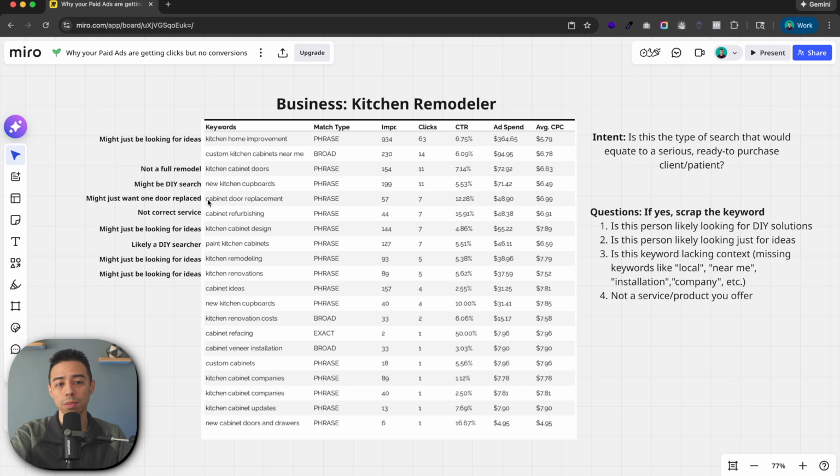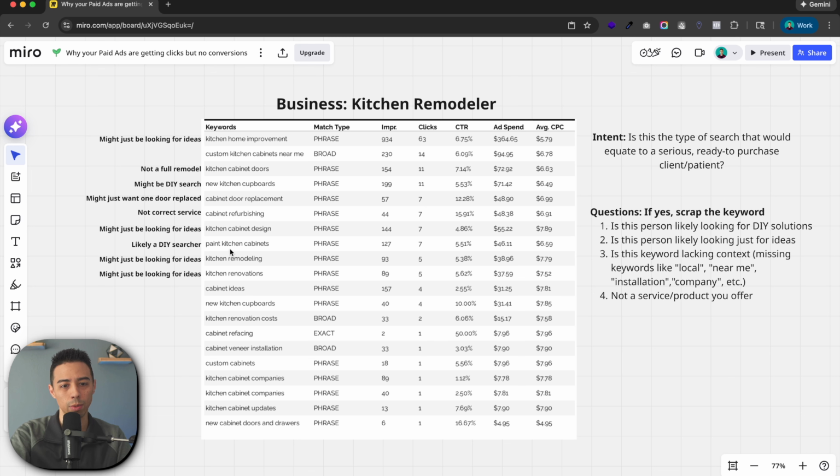Cabinet door replacement, again, they might have just ruined one cabinet door, so they just need one replacement. That's a lower ticket offering that you might not be able to help them with, so keep that in mind. Cabinet refurbishing, again, if you're just doing full remodels, a full demo of a kitchen and then a full installation, refurbishing is not really going to be something that you want to have as a keyword.